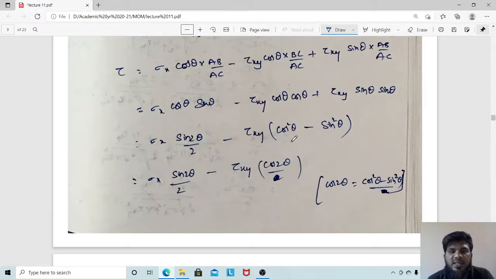You can otherwise calculate from cos square theta equal to 1 minus sin square theta, and again you will get the same formula. Since sin square is repeating 2 times, you get 1 minus 2 sin square theta, which is nothing but cos 2 theta.